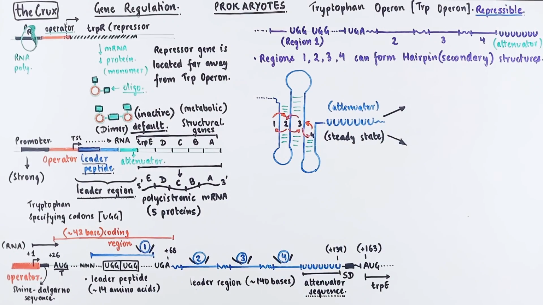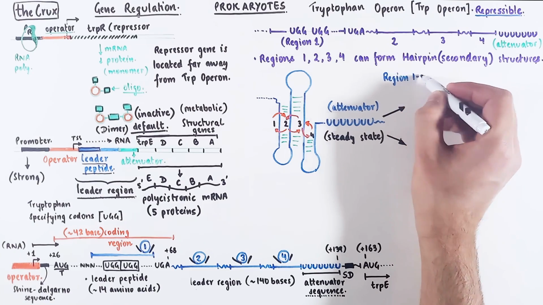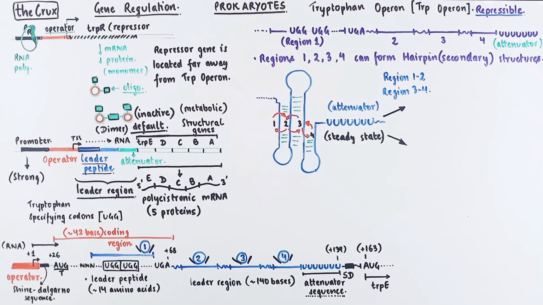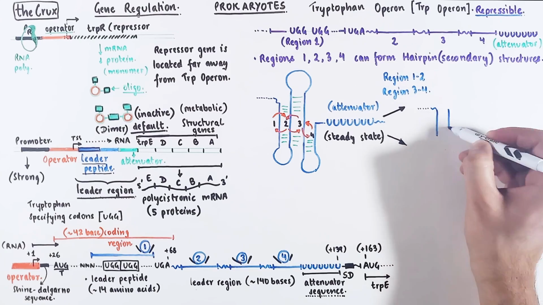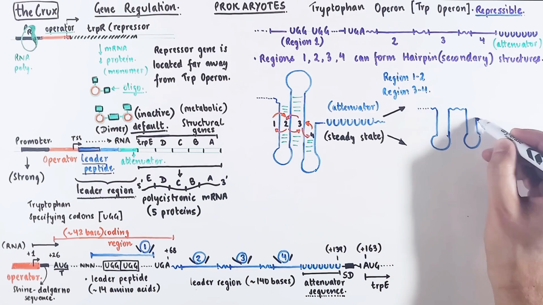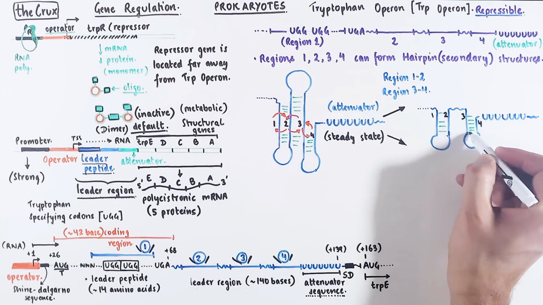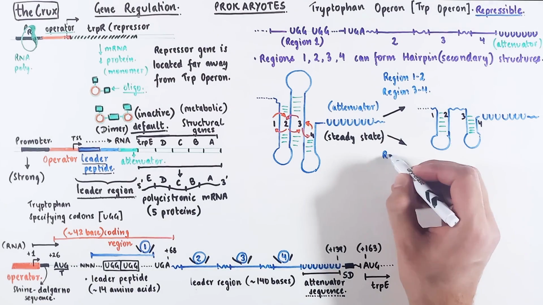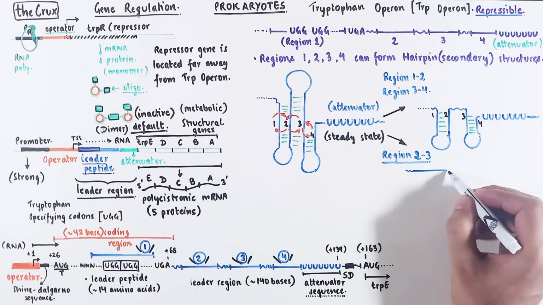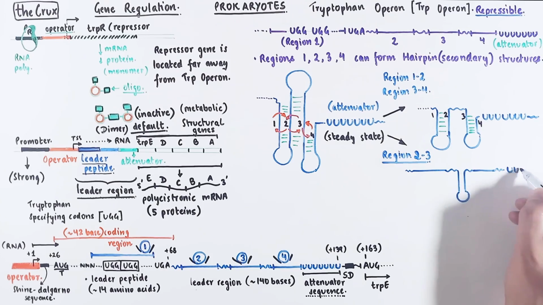One state exists where region 1 and 2 interact. If region 2 interacts with region 1, then region 3 must interact with region 4. So the first state looks something like this, where you have two hairpins. In this state, the attenuator sequence is right next to the hairpin. The second state is when the internal regions 2 and 3 form a hairpin.